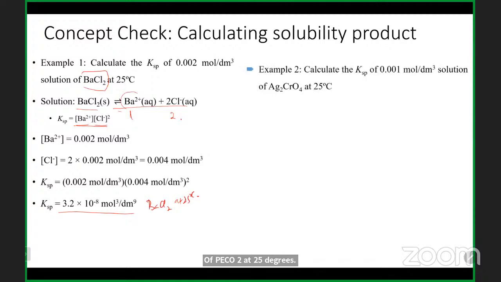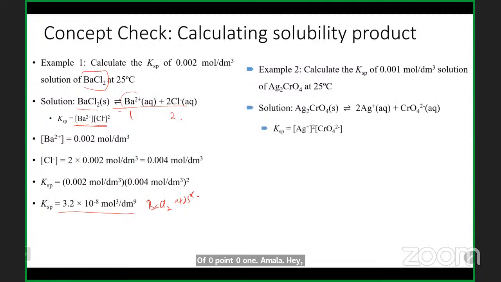Another example, calculate Ksp of 0.01 molar Ag2CrO4 at 25 degrees, that's silver chromate, disilver chromate or silver dichromate, one of them. The trick is that it's important to know how your metal solid dissociates, M plus S minus.